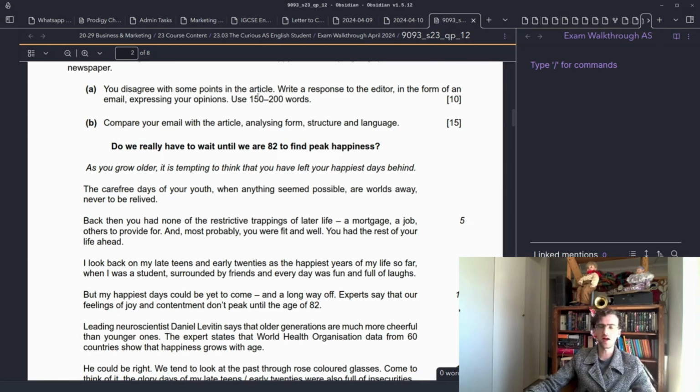Now you've got to use 150 to 200 words. So that really isn't a lot of writing. That's 15 to 20 lines, depending on how big you write. And hopefully in the future, they're going to introduce more typing exams, because I know that a lot of people do struggle still today.